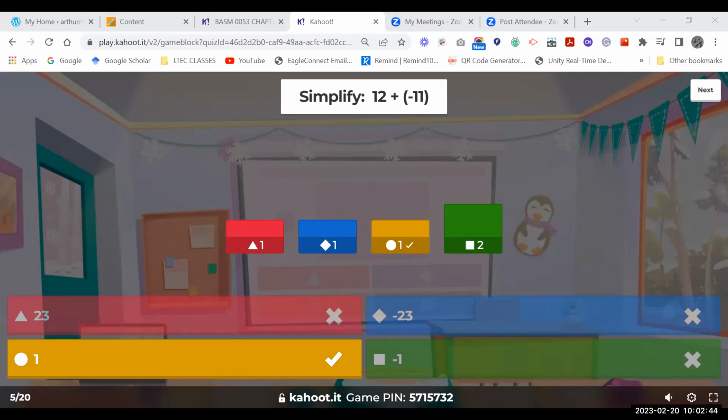Negative and a positive is a negative. So these two signs become a negative. So it becomes a 12 minus 11. Yeah, 12 is bigger, that's why I messed up on that, because I thought it was 11 minus 12. Oh yeah, no, it's not. I should read them out for you.